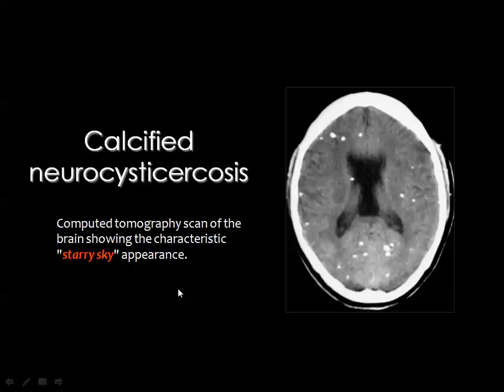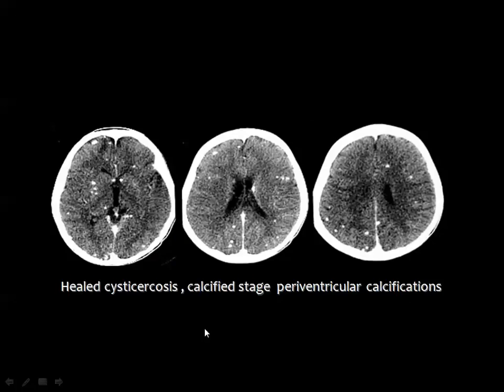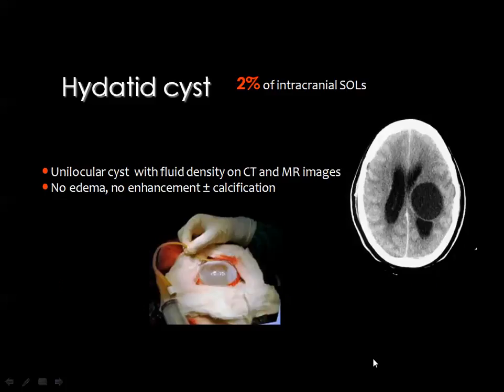It can be seen in cases with healed TB and also in cases of congenital intracranial infection. You see here multiple calcific foci scattered throughout the brain parenchyma. The differential diagnosis includes healed cysticercosis, healed tuberculosis, and congenital intracranial infection.